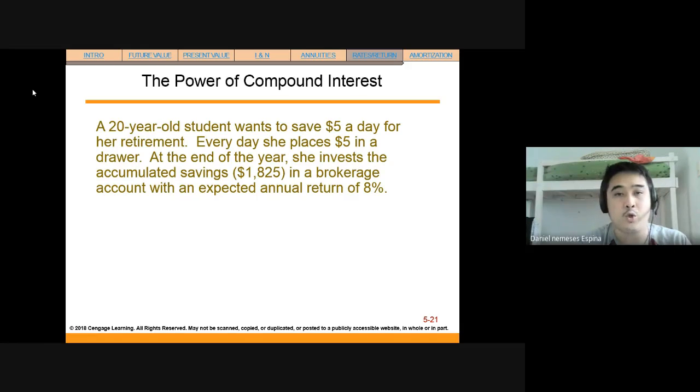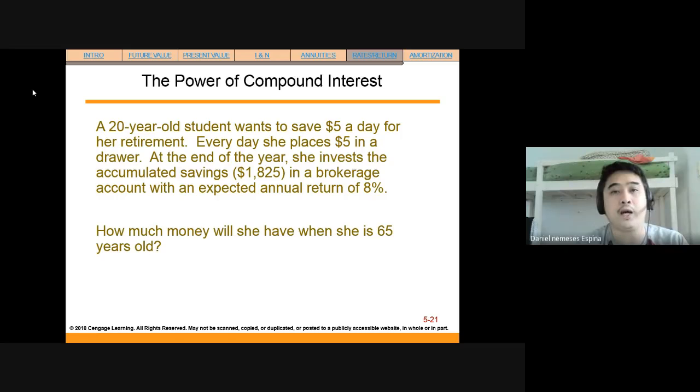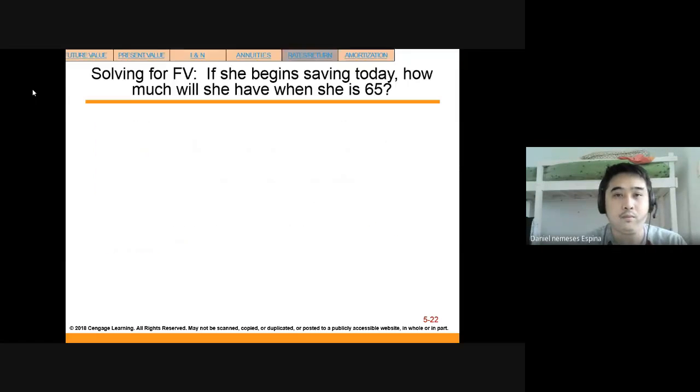So 8%. How do we compute the retirement fund? For example, she will retire at the age of 65. Between 20 and 65, what is the difference? 65 minus 20, so the student has 45 years to invest.